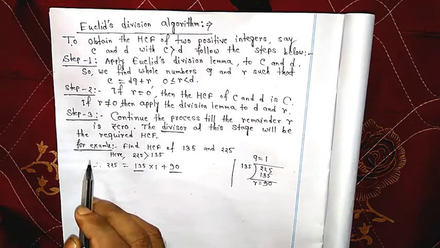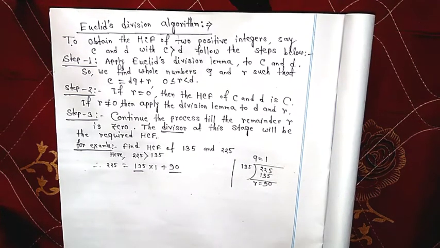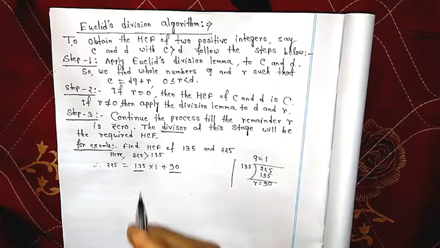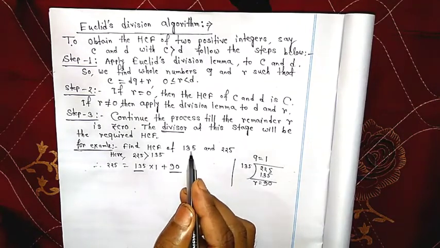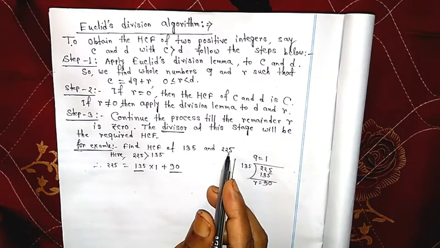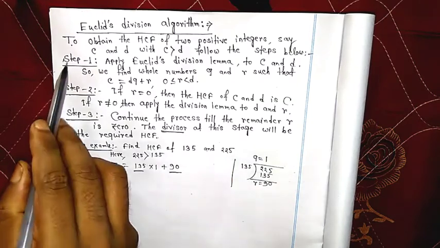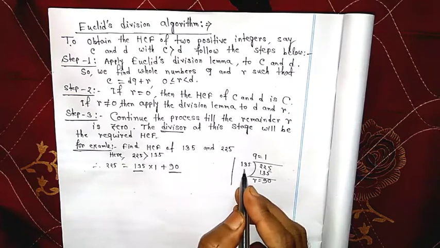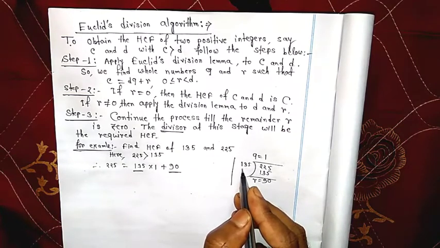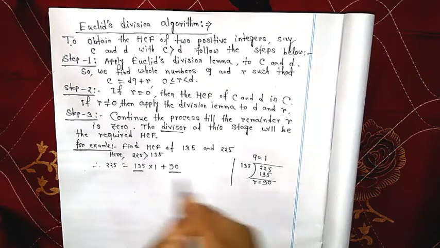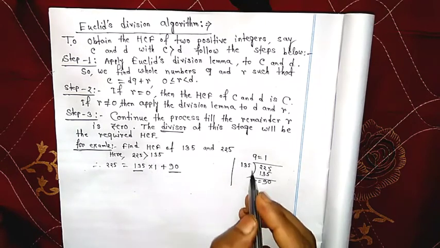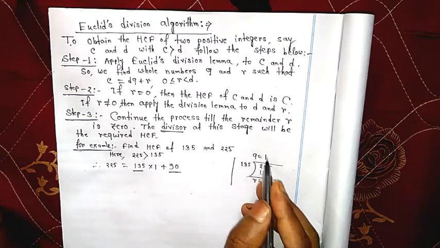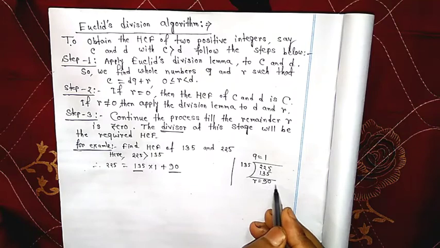Now let us understand by taking an example. Suppose we have to find the HCF of 135 and 225. According to step 1, first we use Euclid division lemma. We divide 225 by 135 because 225 is greater than 135. Then the quotient is 1 and the remainder is 90.